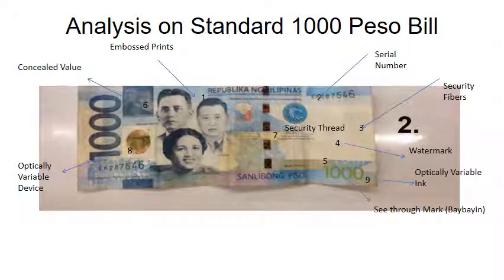And now we also analyze the standard 1,000 peso bill in the same manner: embossed print, serial number, security fibers, security thread, watermark, optically variable ink, see-through mark or the baybayin, optically variable device, and the concealed value.